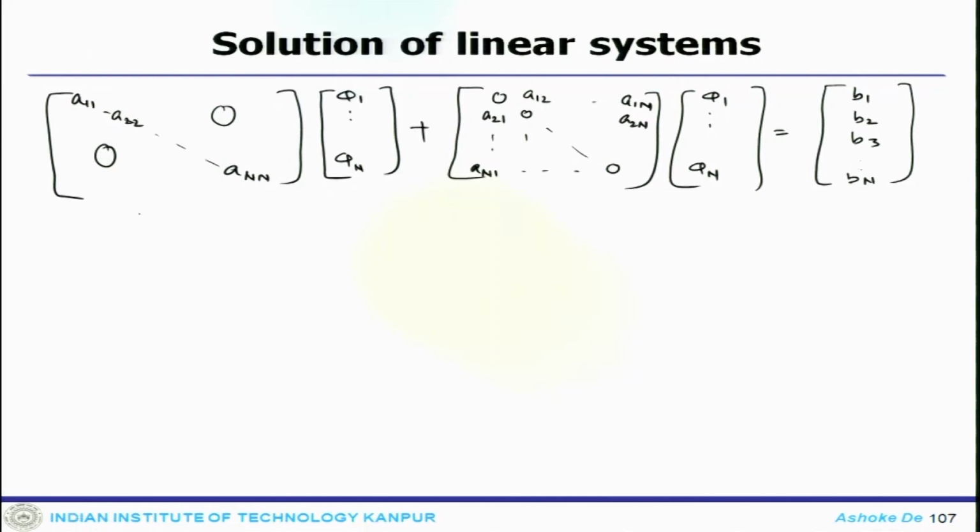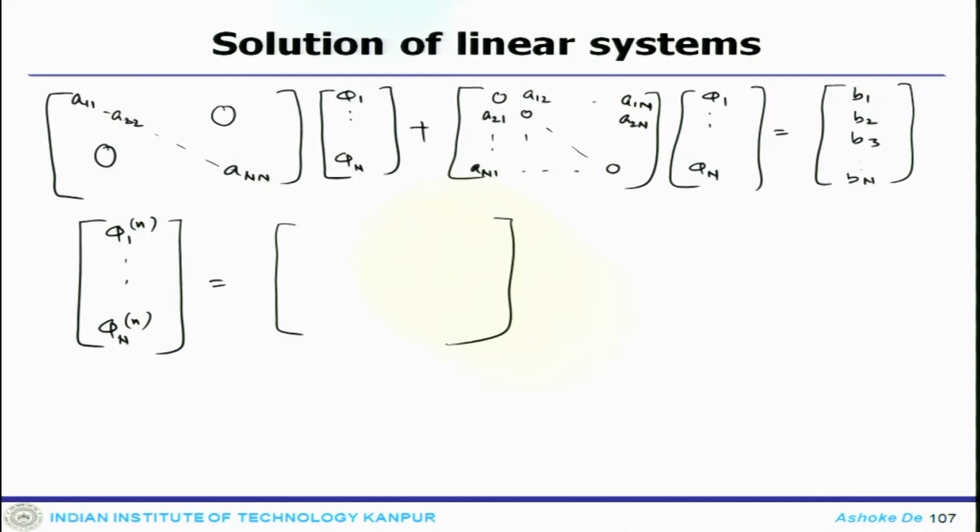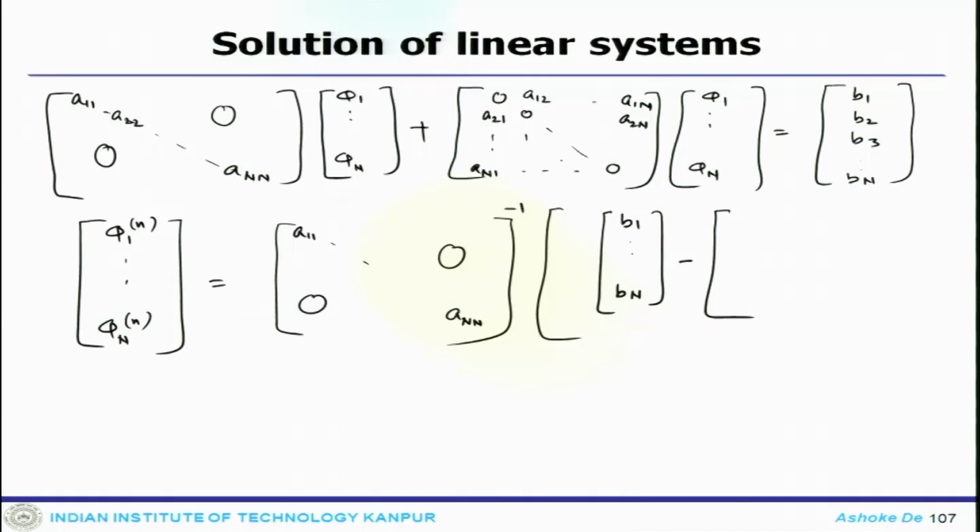Now once you solve for phi at level n, you get phi 1 to phi n at level n equals the diagonal element matrix inverse, multiplied with b 1 to b n, minus this matrix, which is 0 on the diagonals.